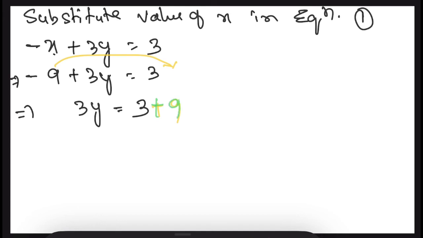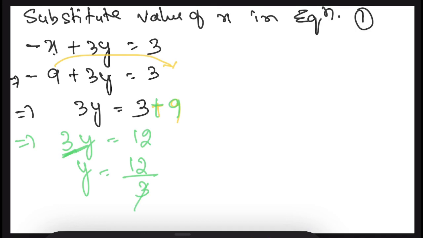Plus 9. So 3y equals to 12. Now y equals to 12. This 3 will be here what? The relation between 3 and y is what? Multiplication. So here you divide. 3 1s are 3, 3 4s are 12. Y equals to 4.